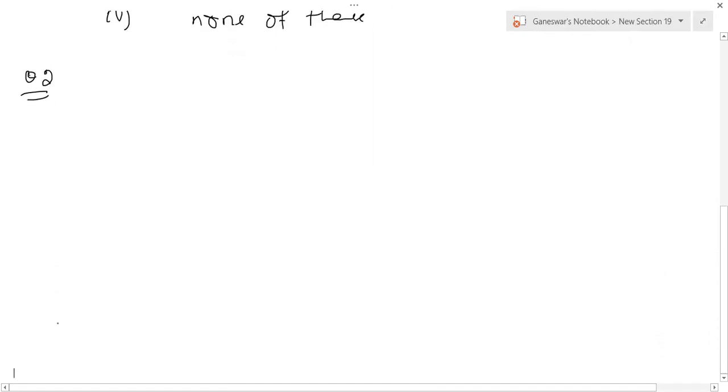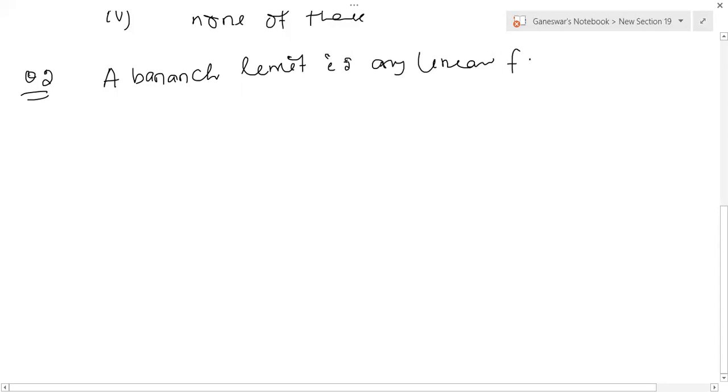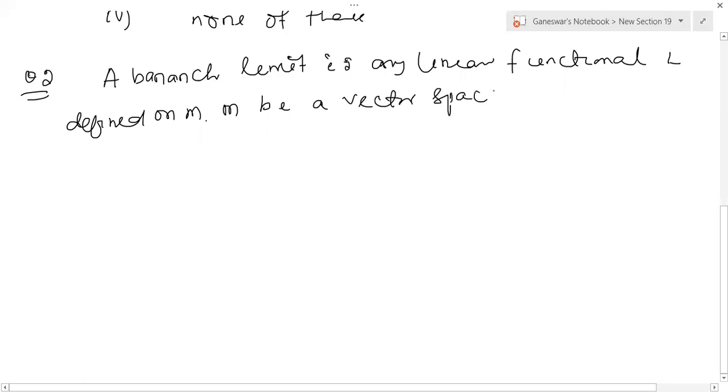A Banach limit is any linear functional L defined on M, where M is a vector space of all bounded sequences of real numbers.